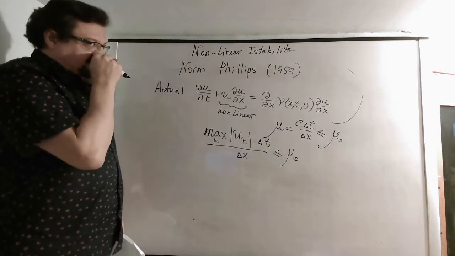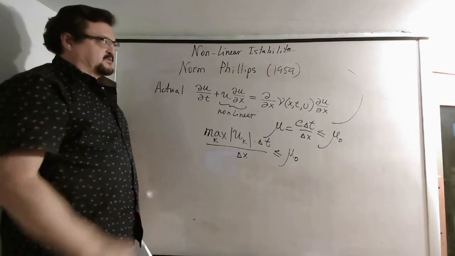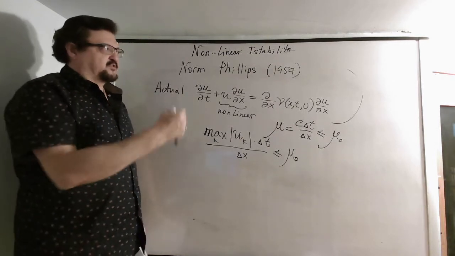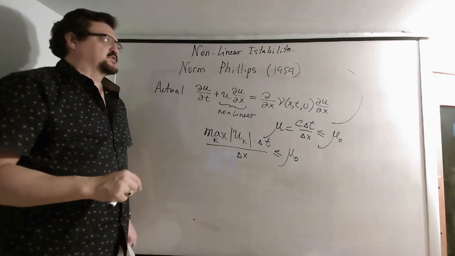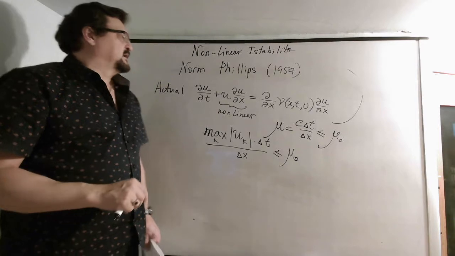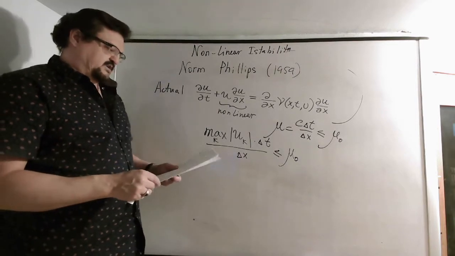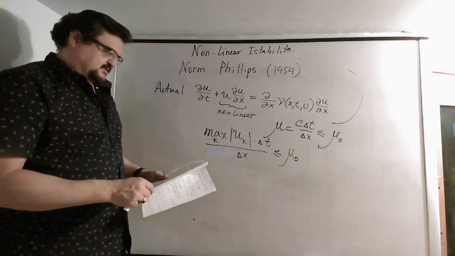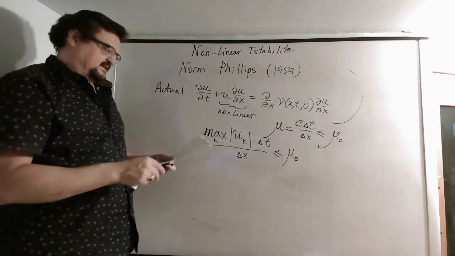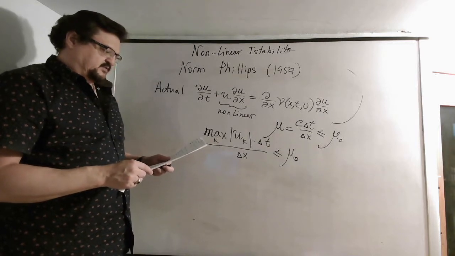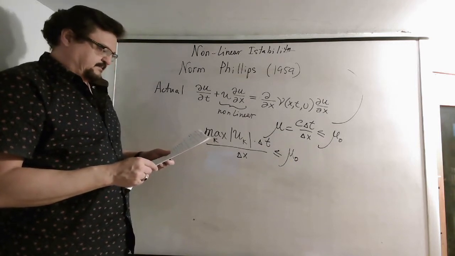So Norm Phillips was one of the first modelers or numerical meteorologists who actually created one of the first weather forecasting models using barotropic or quasi-geostrophic equations, a two-dimensional, two-level quasi-geostrophic model.